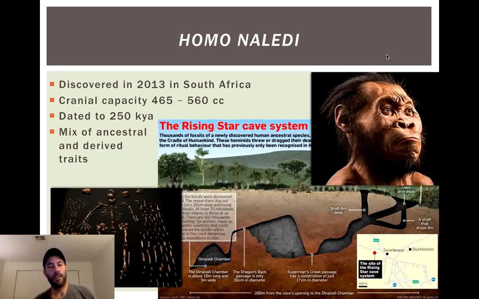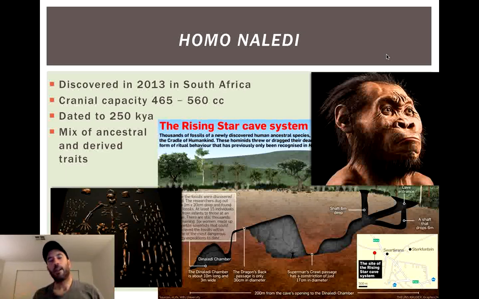They had a mix of ancestral and derived traits. You know, they had some traits that you wouldn't expect in a more modern hominin species, but they did have some that are more human-like. So the assumption was this must be a really old species.